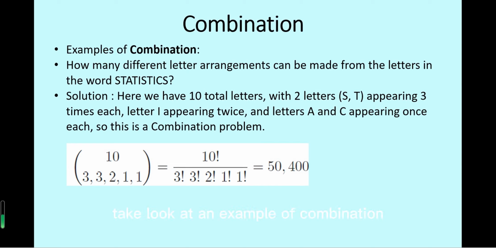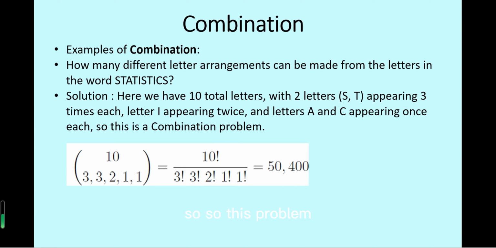We look at an example of combination. How many different letter arrangements can be made from the letters in the word statistics? In this problem, we do not consider the order of arrangement of these alphabets. So this is a typical problem of a combination, because in these 10 alphabets, they are grouped, like 3 S alphabets, right? And 3 T, and 2 I alphabets.